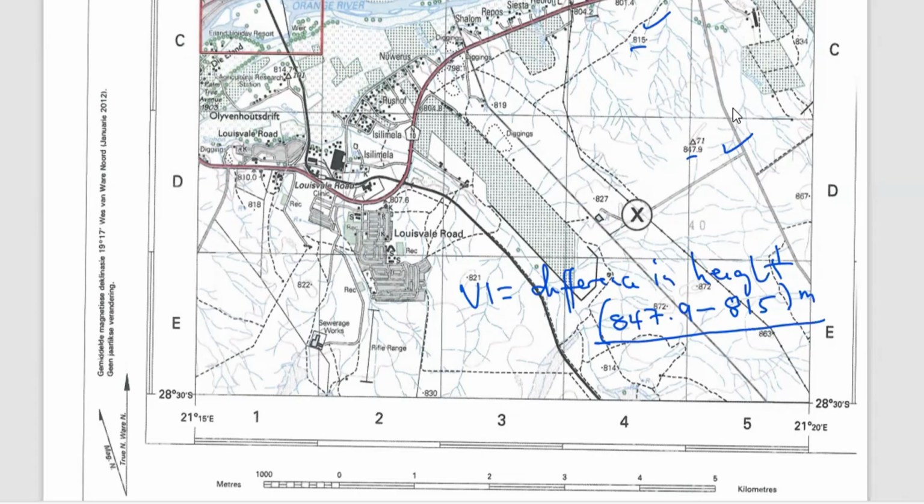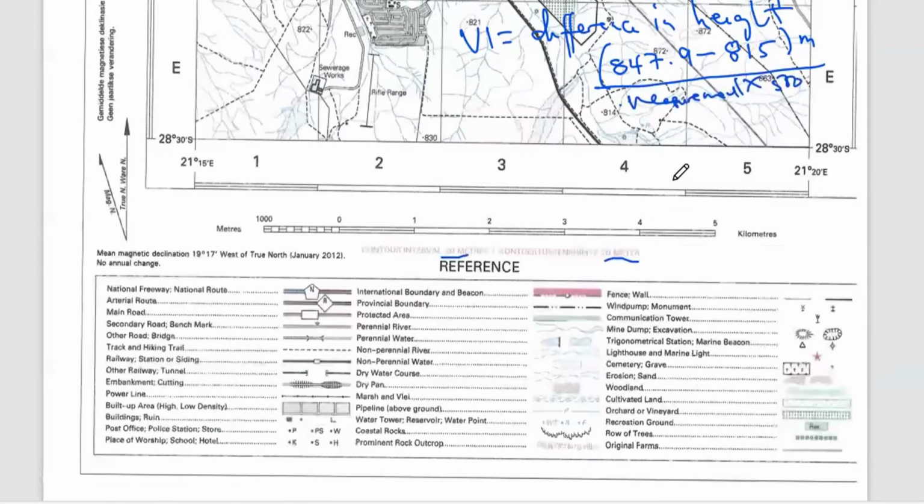So what you need to do here is the horizontal equivalence. You are supposed to calculate your horizontal equivalence by finding the difference between the two points, the straight line distance. You multiply it by the map scale of 50,000, which means you multiply the measurement by 500 to get the actual ground distance between the two features. So your vertical interval is in meters, and the distance between the two features is also in meters.